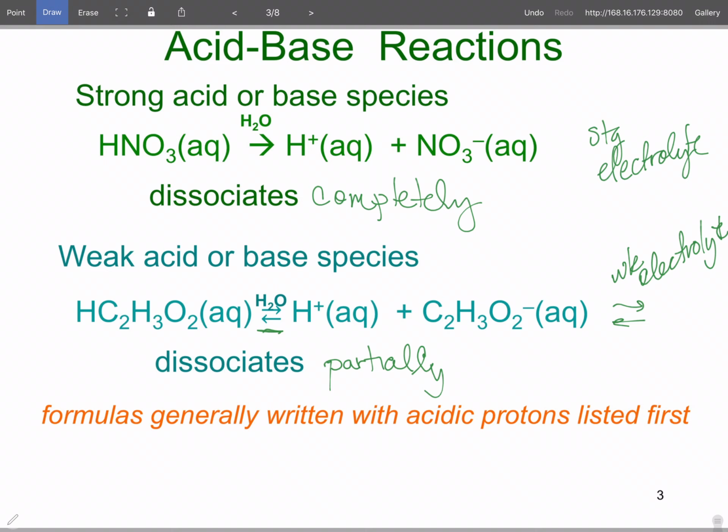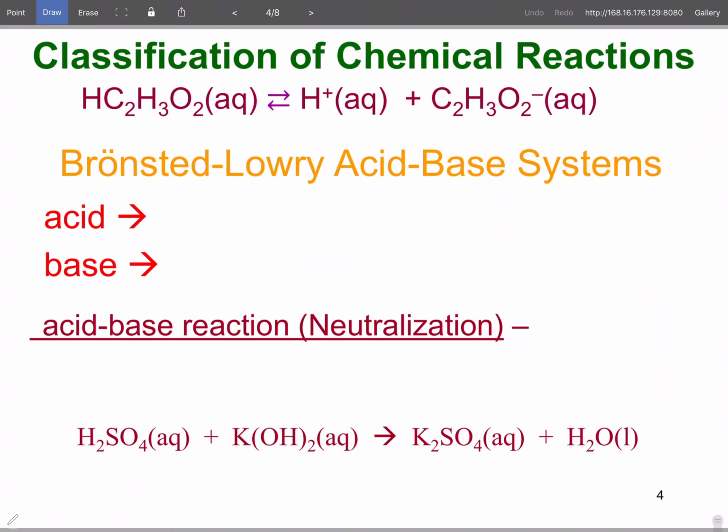When you get into 1212, you'll do a couple chapters just on acid. Now, formulas for acids are generally written with the acidic protons listed first. So we've talked about acid-base reactions. Now the question is what's an acid? According to the Bronsted-Lowry acid system, which is the one we use, an acid donates a proton, or it's a proton donor.